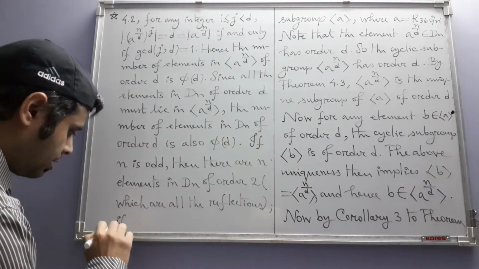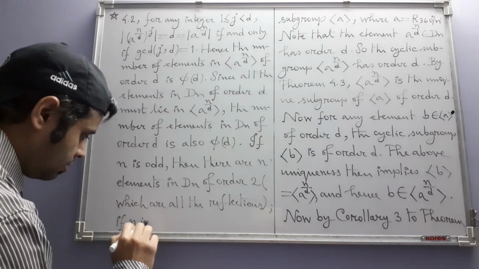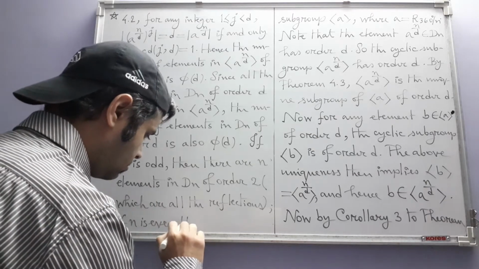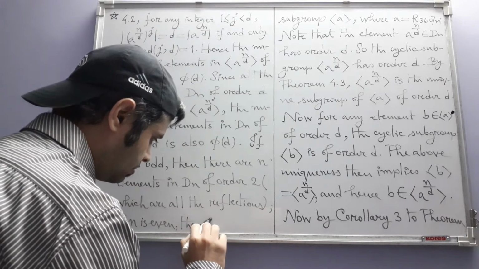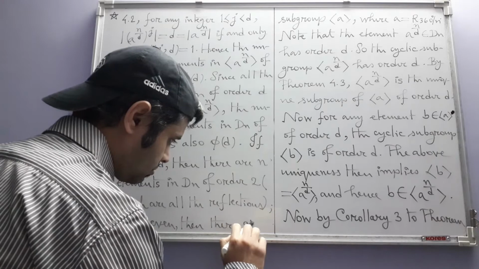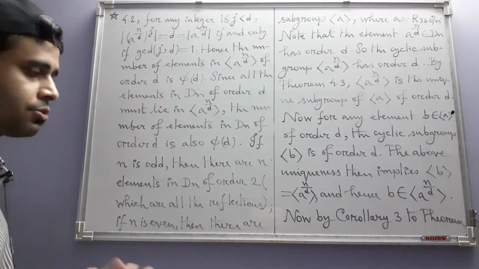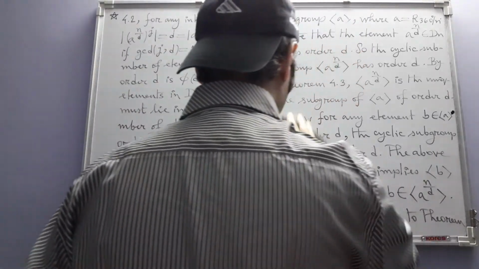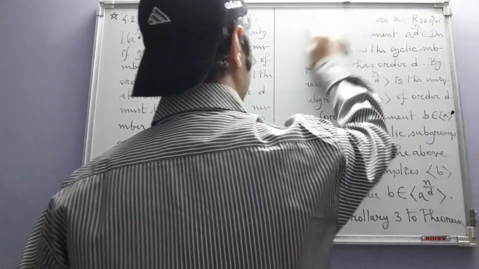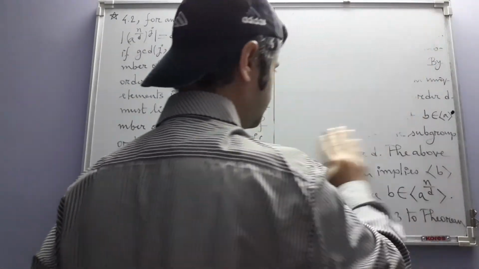On the other hand, if n is even, then there are n plus 1 elements of order 2. One extra element comes, which is a rotation.